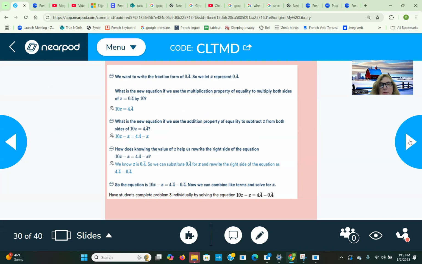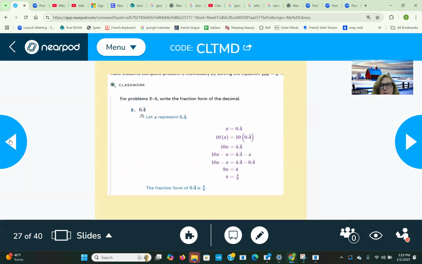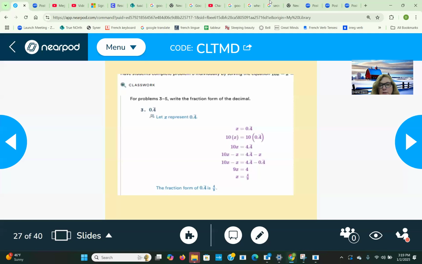Okay, and then you subtract the 0.4 because we learned this here. We'll go back here. In this step here, remember? Okay, so you're here. And when you subtract x from this side, you can get 9x.